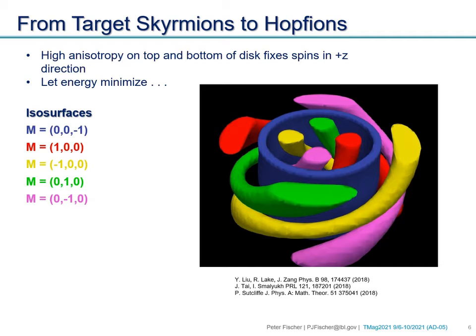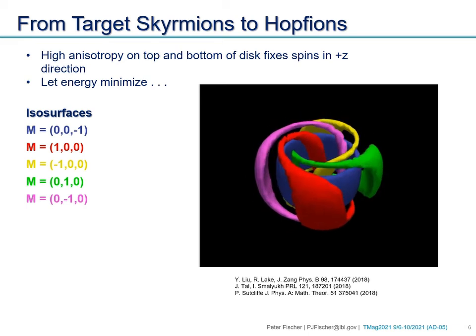Now, from a synthesis and fabrication point of view, what you can see from those studies is that the anisotropy on the top and the bottom of the disk really forces the spins to point in a certain direction. And then if you do a simulation and let the energy minimize, you see how they fold into these linked spin textures, where each color represents a certain isosurface direction.